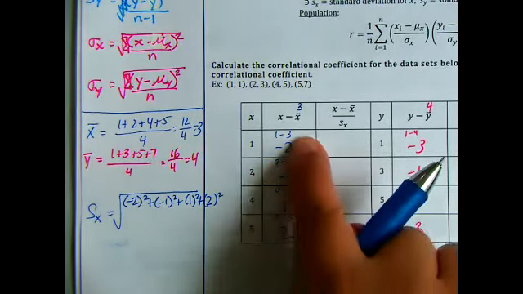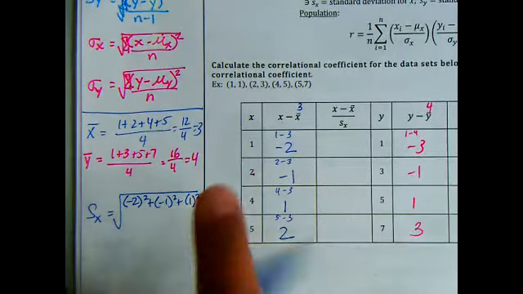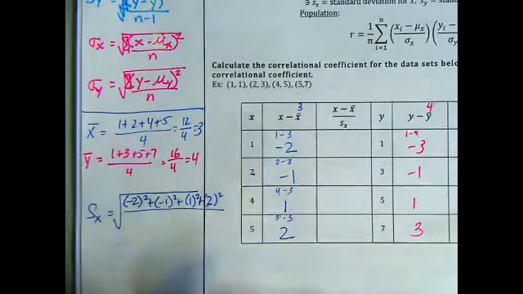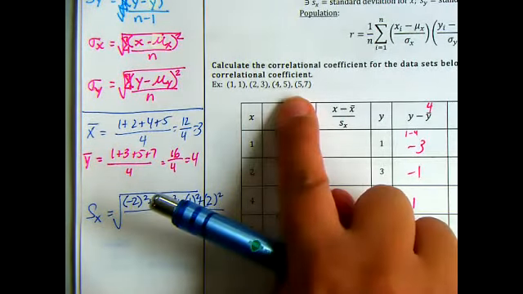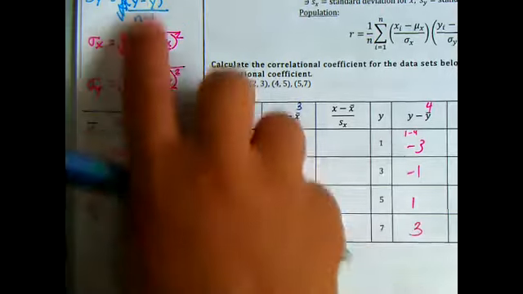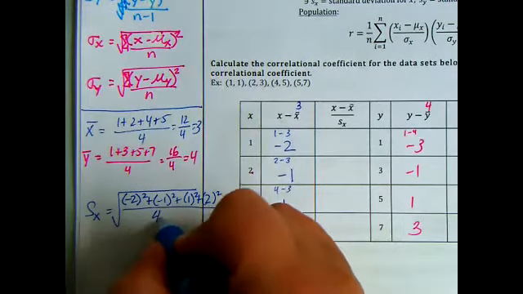Each of the differences squared and added together, divided by, we're doing the sample here, right? Because I don't know if that's the whole population. That sure as heck does not look like the whole population. So we're doing the sample here. That's going to be n minus 1, so it'll be over 4 minus 1.